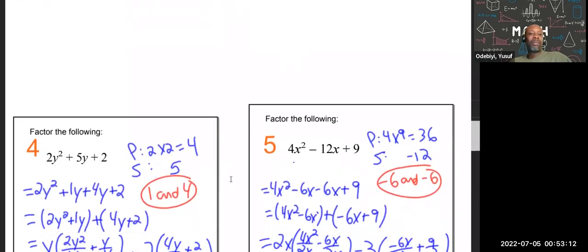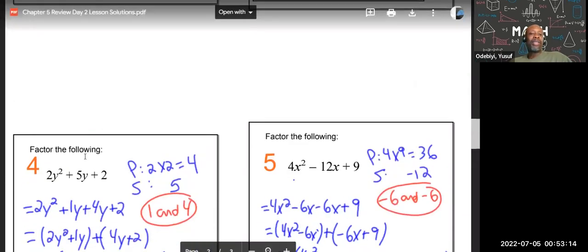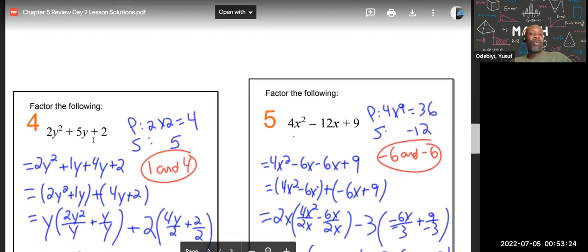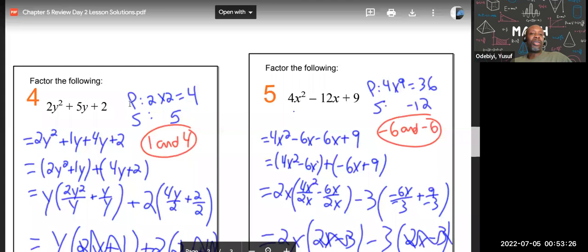Here we go. Here's the first example. When I look at this one here, I can't factor out that 2. 2 does not go into 5. Okay, it does not work. So what we want to do now is the first step, where I'm going to multiply the 2 times the A times the C, right?